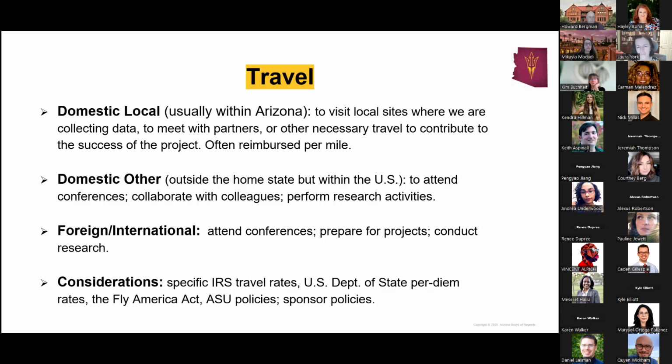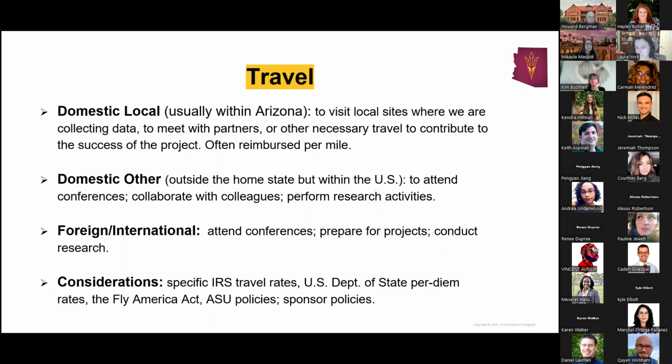Also, you may see your RA add the My ASU trip fee of $11 to any travel that you're budgeting on a proposal. This is a direct cost to the project, and it covers the ASU travel trip system, Concur, that you may all be familiar with if you've traveled for business through ASU.